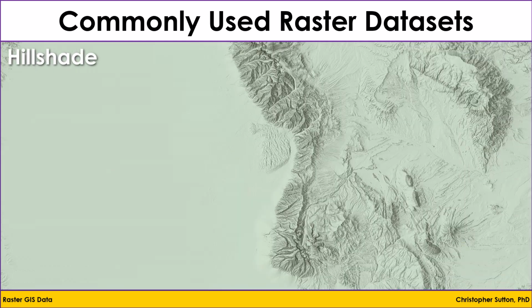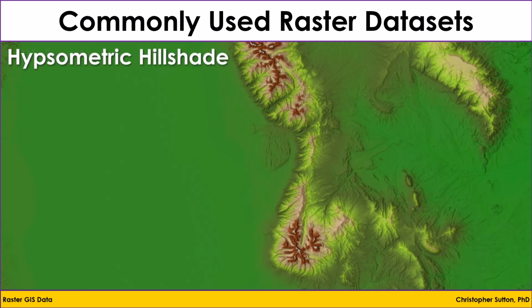Hillshades simulate the effect of sunlight on the terrain, creating a 3D-like visualization. They can be quite useful for the visual interpretation of topography. You might encounter a modification of a hillshade where color is used to enhance the hillshade by using color gradients to further distinguish elevation differences. We call such representations hypsometric hillshades.